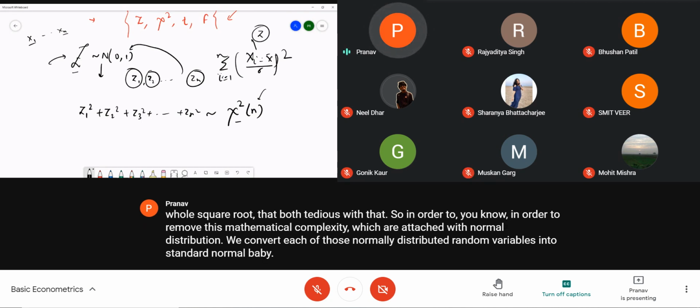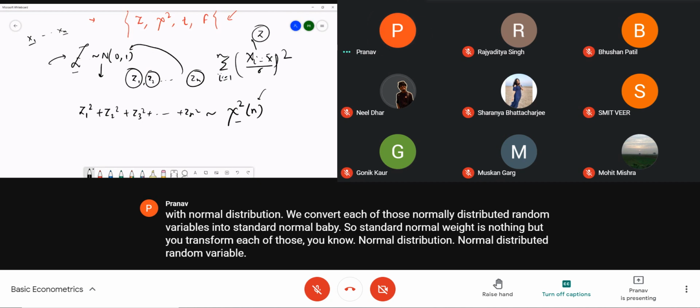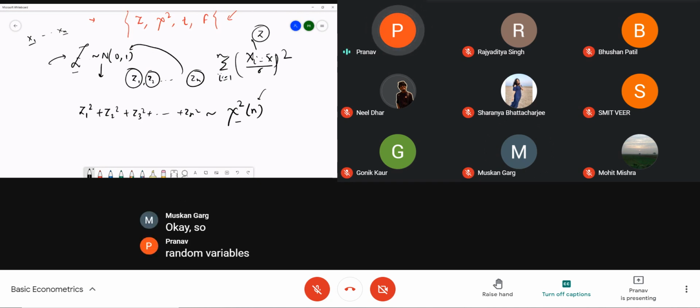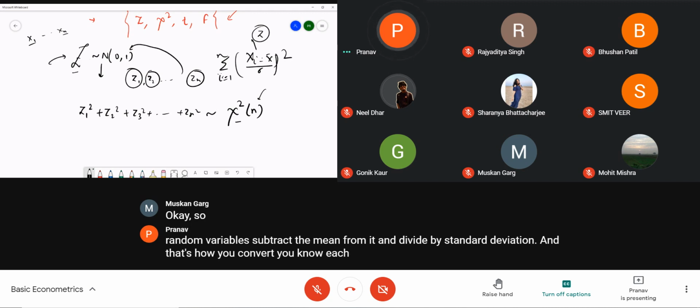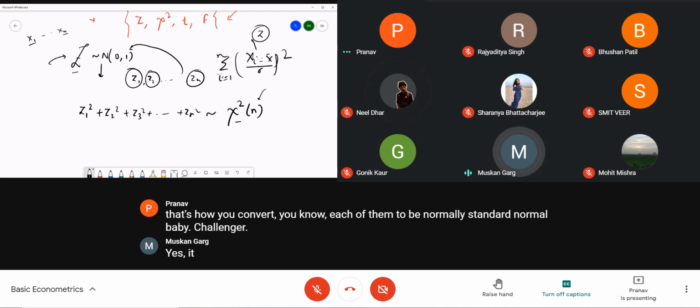You take each of those distributed random variables, subtract the mean from it, and divide by standard deviation, and that's how you convert each of them to a standard normal variate. Z was also the population mean minus sample mean, right? Correct.